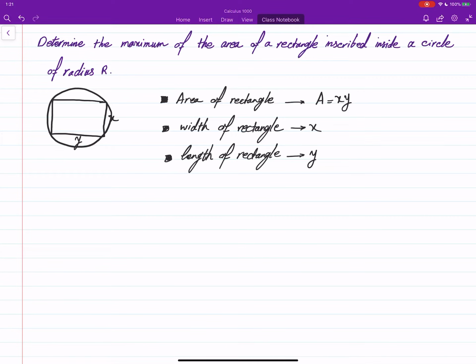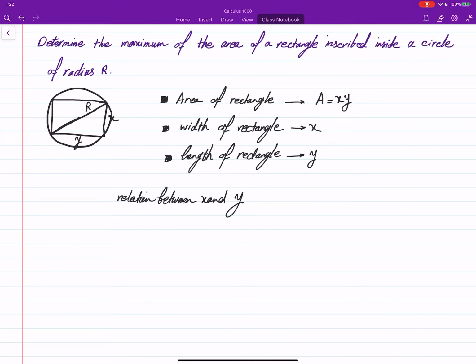But we cannot work with two variables. We have to make it one variable. In other words, there's a relation between x and y. What is that? If you see the diagonal of such a rectangle, it is going to be the diameter of the circle.